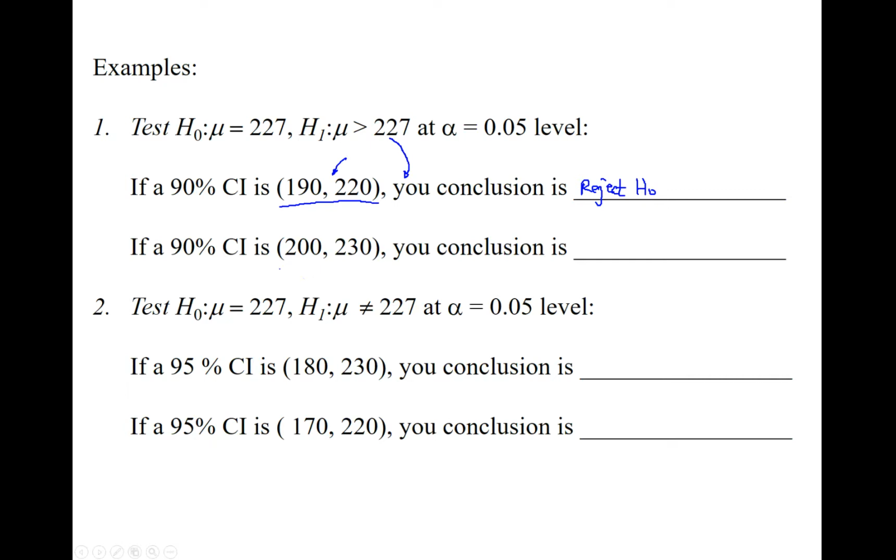Now suppose the confidence interval is 200 to 230. In this case, this value is in between the numbers you are confident about. Therefore, you say, I have no reason to reject H0, because this is one of the numbers I'm confident about. So you fail to reject H0 in this case.